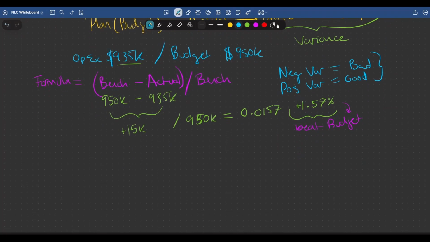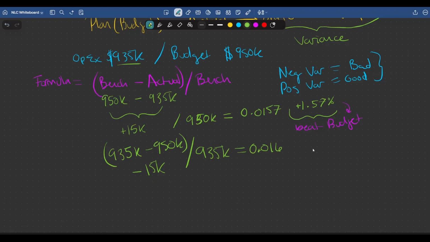So let's illustrate that by flipping this around. Let's say that instead of spending $935K against a budget of $950K, maybe we spent $950K against a budget of $935K. So the budget is $935K, our actual is $950K, and that gives us a negative $15K. Important here. Then we're going to divide by the budget of $935K, and that gives us 0.016. Okay, a slightly higher percentage because the denominator is smaller.